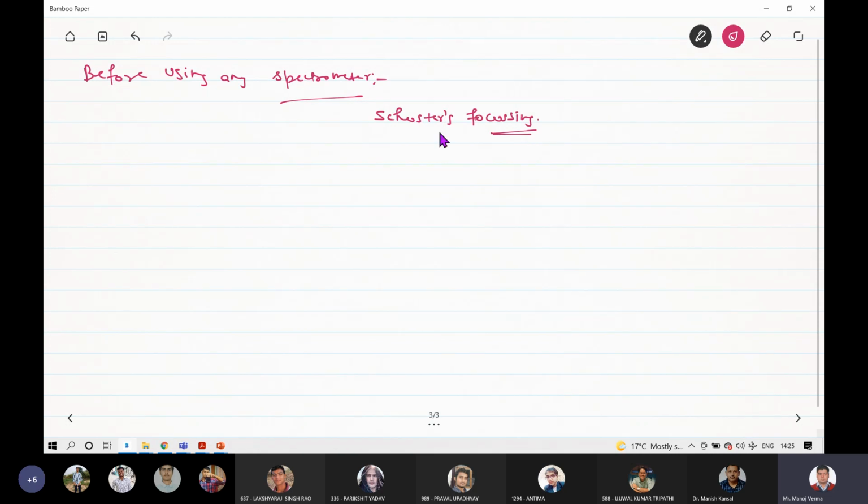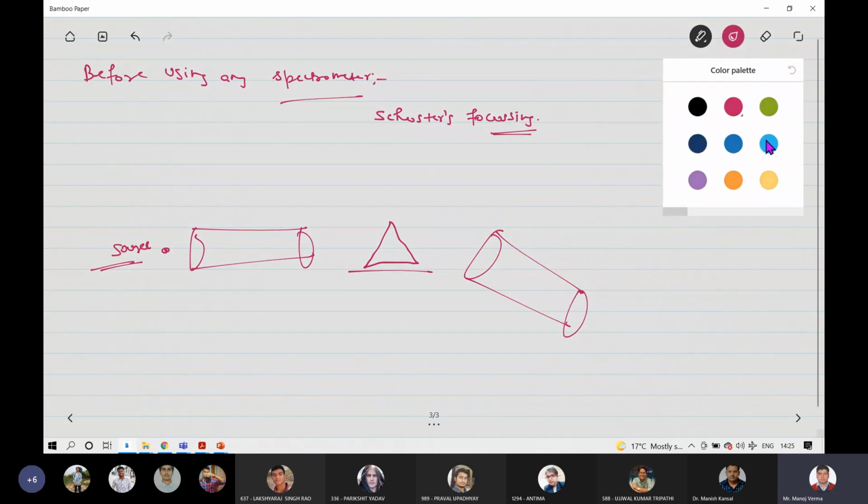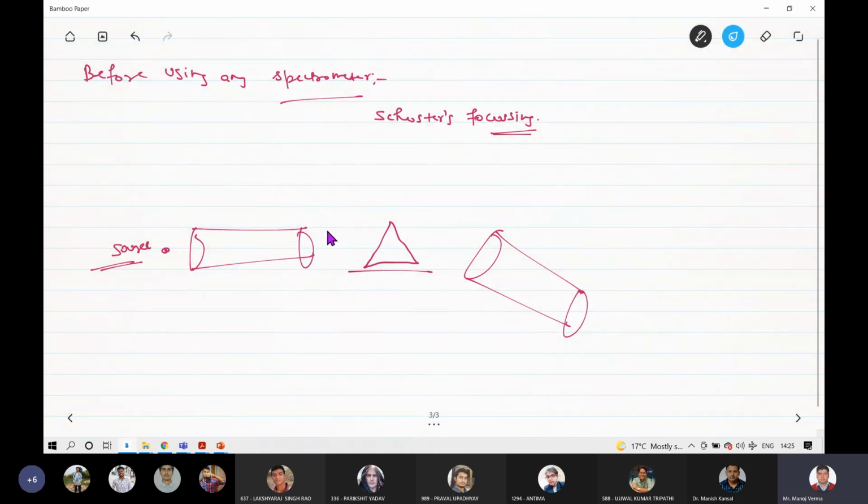And this Schuster's focusing says, if this is your collimator, this is your prism table, this is your telescope, and this is your source, then the prism should get only a parallel beam of light falling onto it.